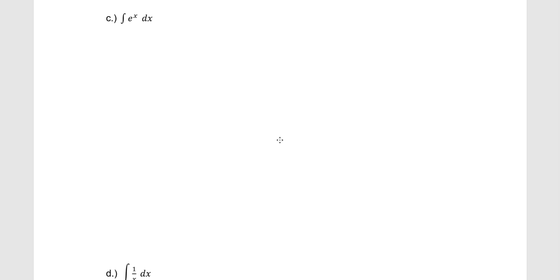And next one for c, we have the integral of e to the x. So this is obviously an exponential rule. For this rule, all we have to do is recognize that this is e to the 1x. So based on the exponential rule from a couple pages ago, you're going to rewrite it and then divide by the constant.